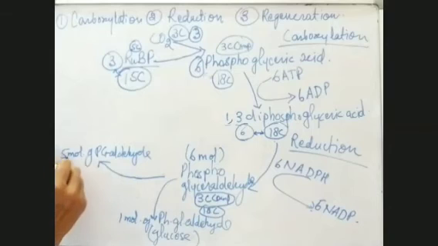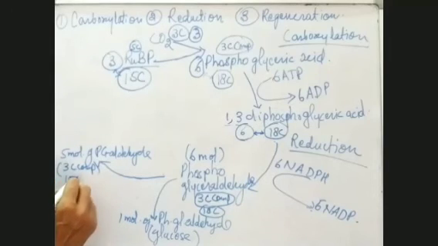So how many carbons will it have? 5 are there and one has 3. So in all 15 carbons. 15 carbons are here.